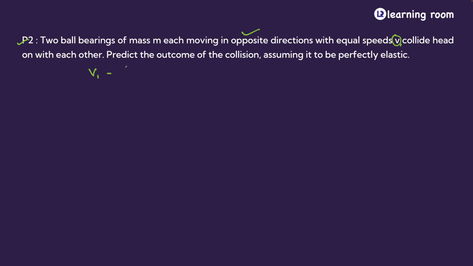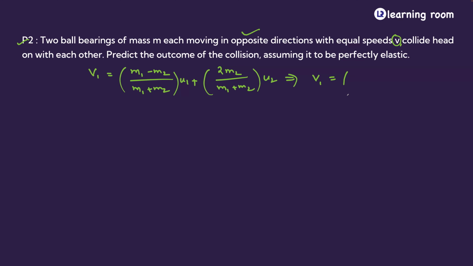V1 is equal to (m1 minus m2) divided by (m1 plus m2) into u1 plus 2m2 divided by (m1 plus m2) into u2, which implies V1 is equal to, since m1 and m2 are same, this parameter gets cancelled. So it is going to be 0 into u1 plus, in the place of m2, if you substitute m, you will have 2m divided by 2m into u2. What is going to be the value of u2? It is minus u.